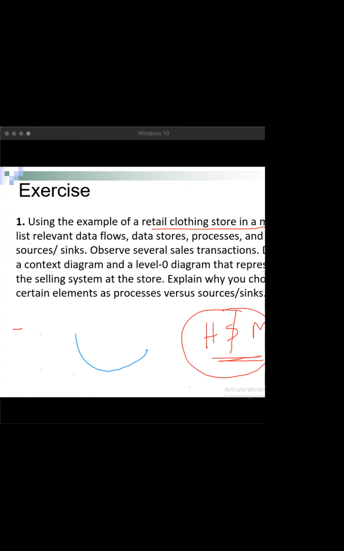This is for the inventory record, zero layer figure. This is your retail ordering system. Load order, customer order, warehouse manager. Okay, this is good. Context diagram. Let me see your DFD Level Zero diagram.